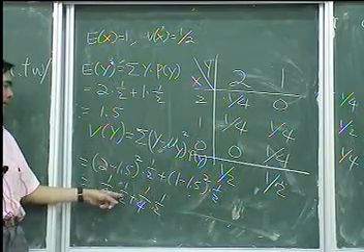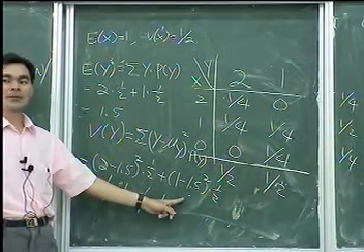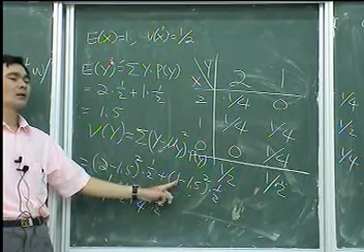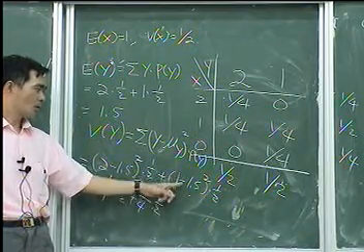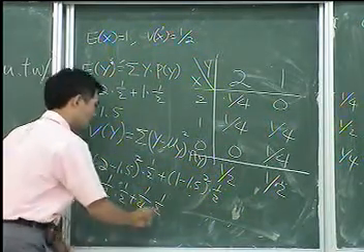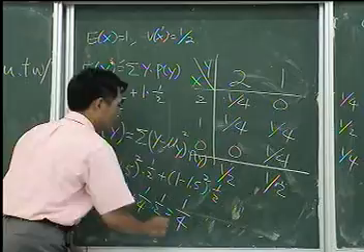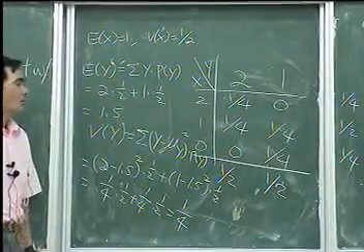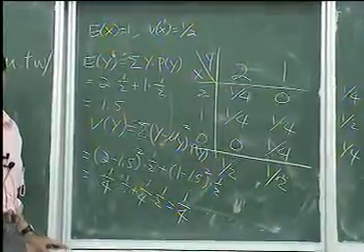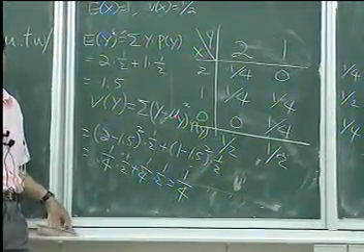The second is the same thing, 1/2 squared gives you 1/4. So in this case, you get 1/4.